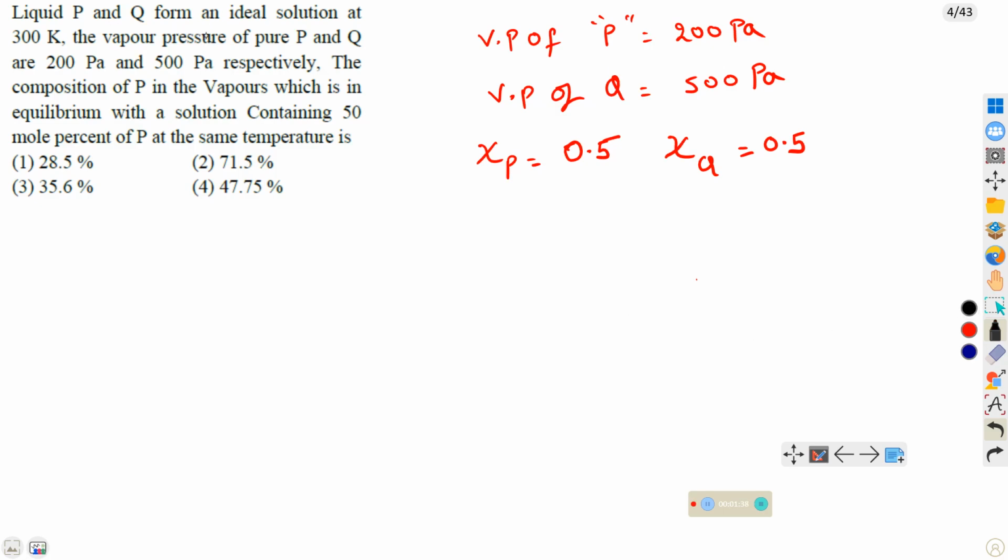Liquid P and Q form an ideal solution at 300 kelvins. The vapor pressure of pure P and Q are 200 pascals and 500 pascals respectively.